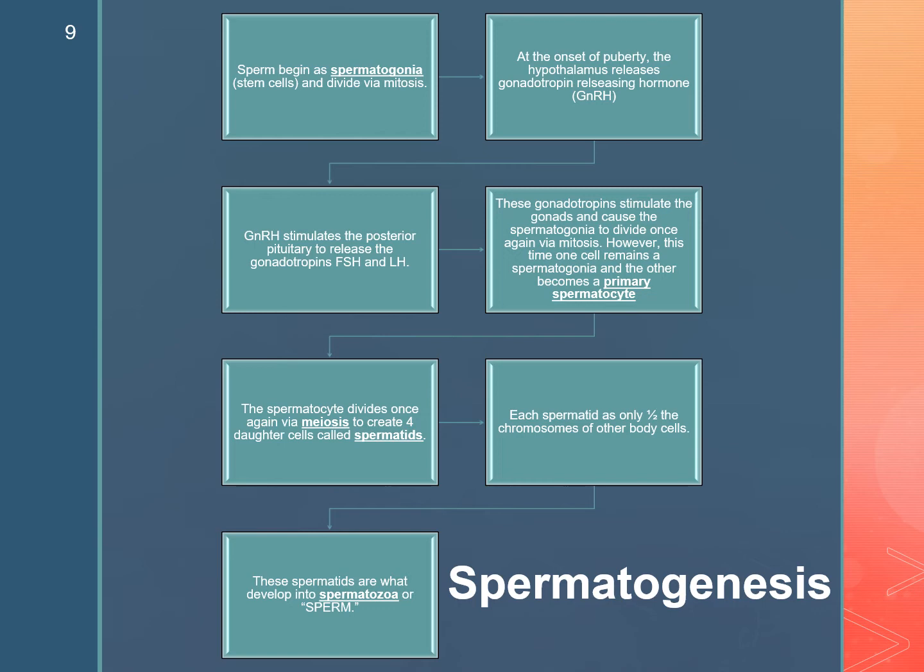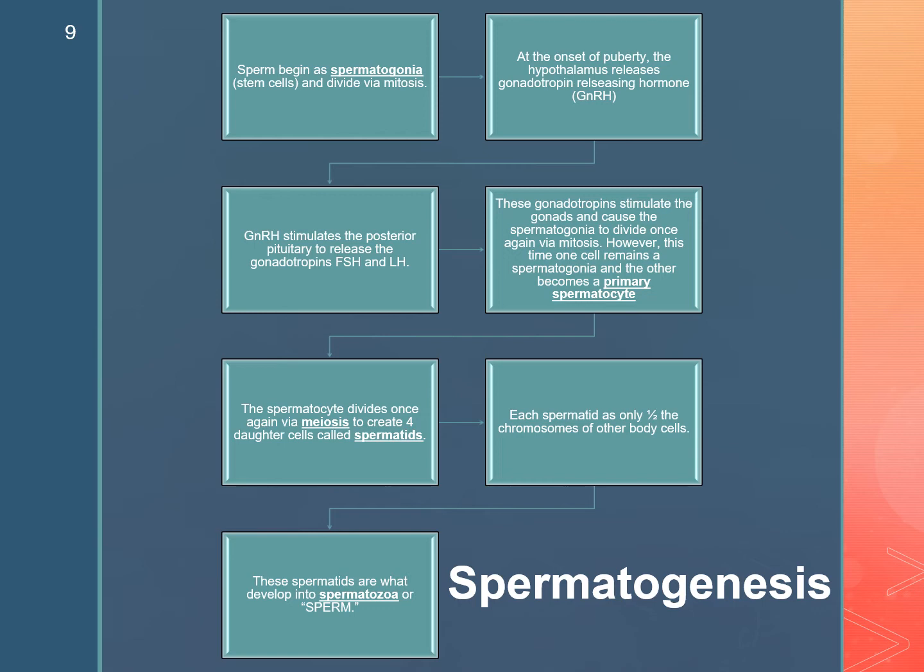These 2 gonadotropins, FSH and LH, have stimulated those spermatogonia to divide once again via mitosis, but this time, instead of resulting in 2 identical daughter cells, one is going to remain a spermatogonia and the other one is going to go on to become something bigger and better, the primary spermatocyte.